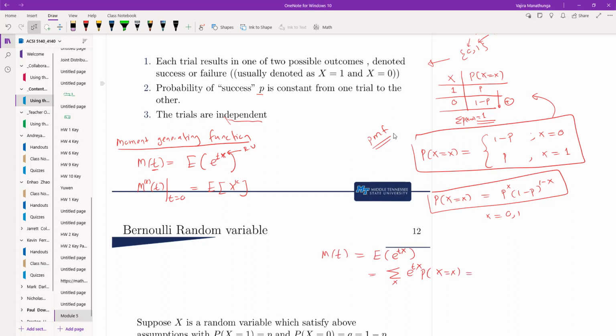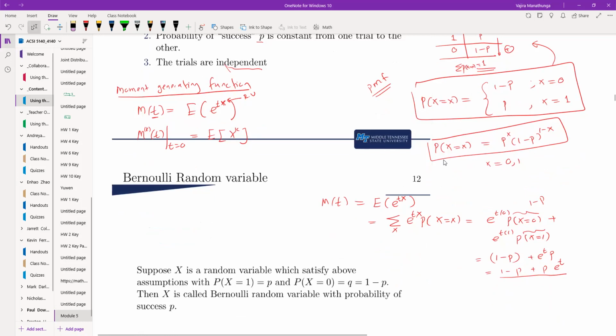If I expand this, x can be 0, then probability X equals 0, plus x can be 1. e to the 0 is 1, so this is just 1 minus p, because that probability is 1 minus p, and this one is e to the t times p. If I rearrange it, that is the moment generating function.